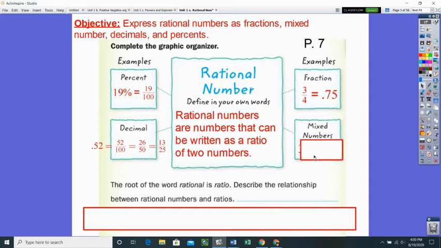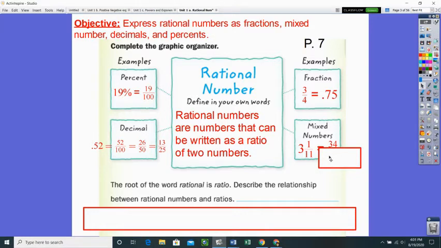And then finally, a mixed number, something like 3 and 1/11. Now, would that be a rational number? Can we write that as a fraction, comparing a numerator to a denominator? Here, we do what I call the circle: start at the whole, multiply by the denominator, add the numerator. So you go around in a circle. First you multiply, then you add. So you'd have 33 plus 1 is 34.